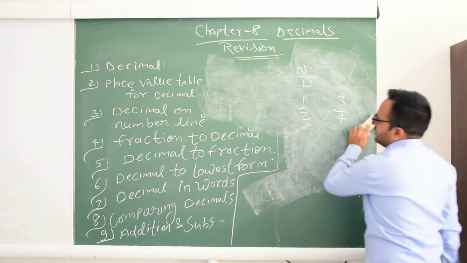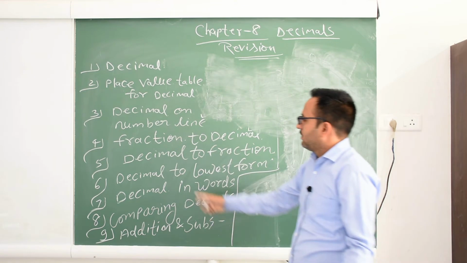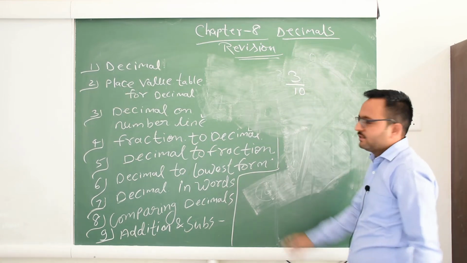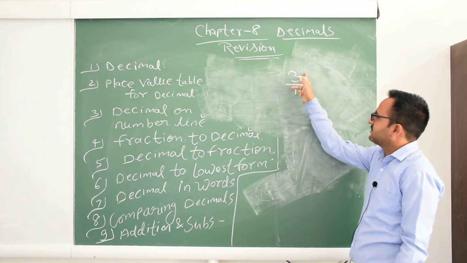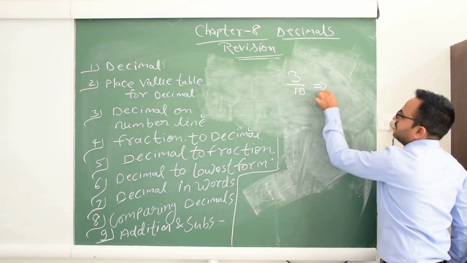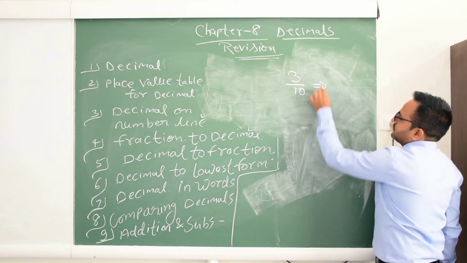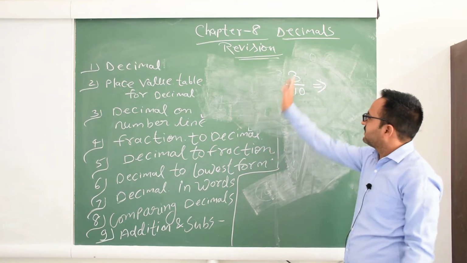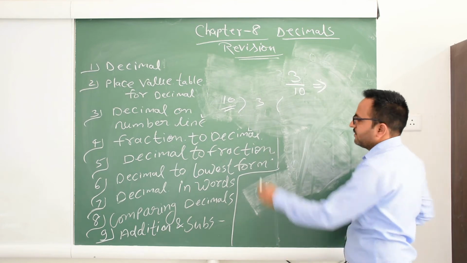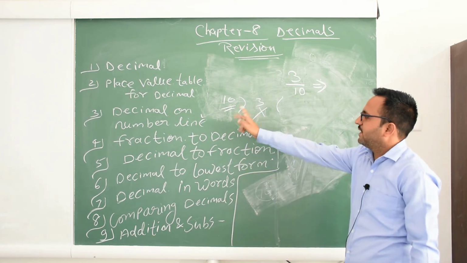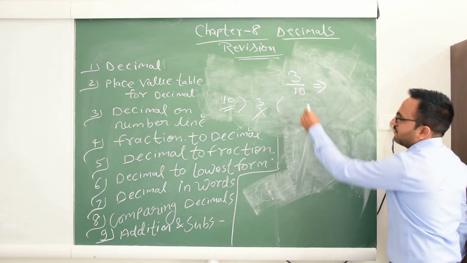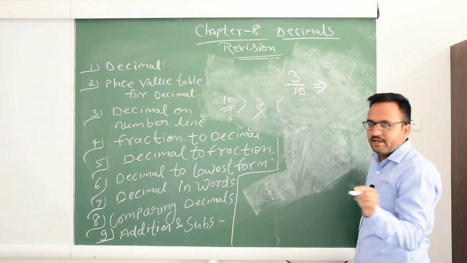Now in this topic, fraction to decimal, first we write the fraction 3 upon 10. 3 is the numerator and 10 is the denominator. So how do we convert it to a decimal number? Here we do not try to divide 3 by 10, because this is a very typical method. We convert directly.